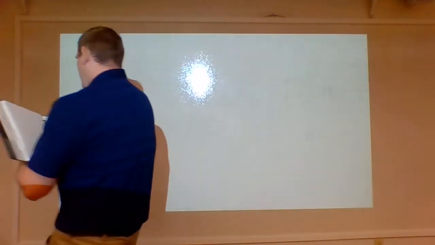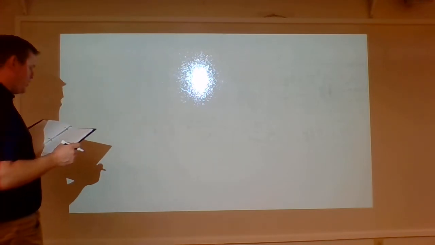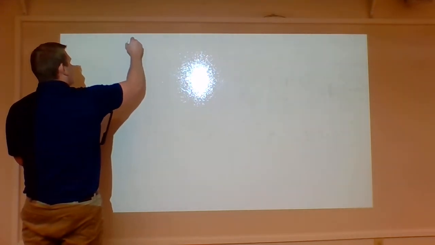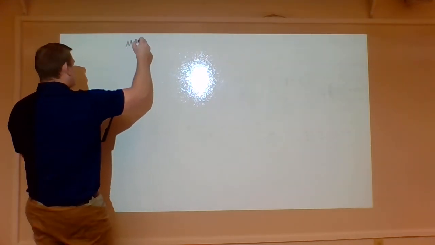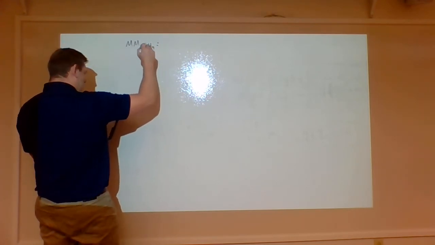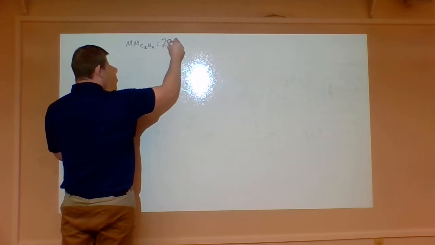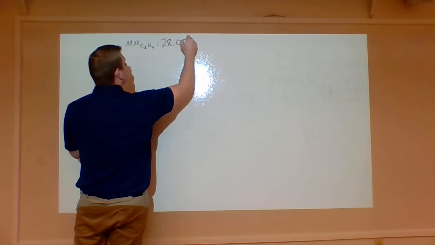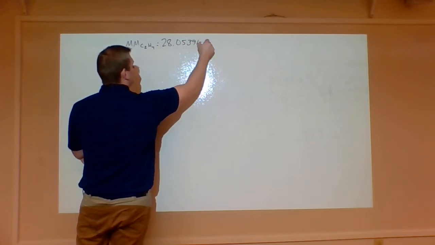As a shortcut here, I'm going to assume that you are all capable of determining the formula weight for both C2H4 and C2H6O. So the molar mass that we have for C2H4 is going to be equal to 28.05396 grams per mole.